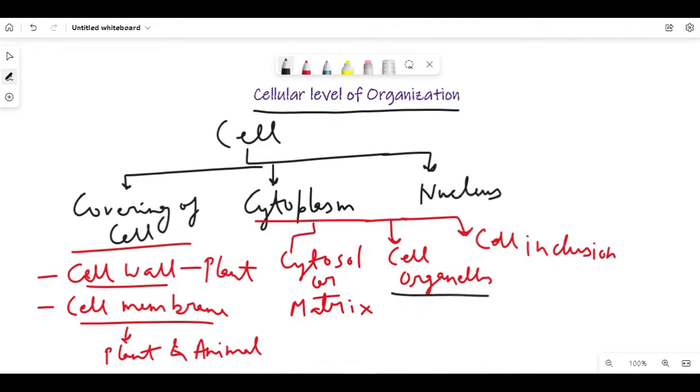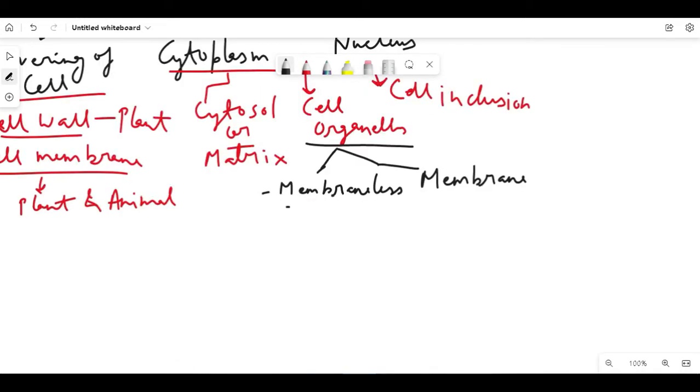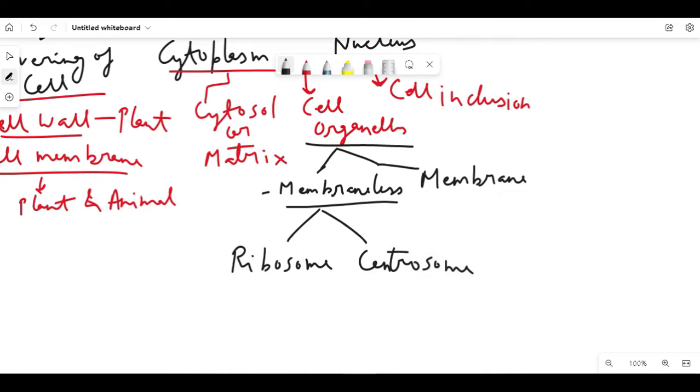This cell organelle is further divided into two types: first one is membraneless and second one is membrane. And this membraneless is further divided into two types: first one is ribosome and second one is centrosome. In centrosome, centriole is present.